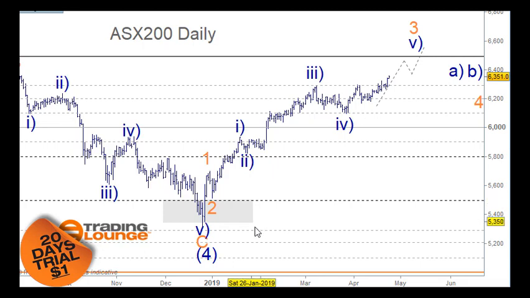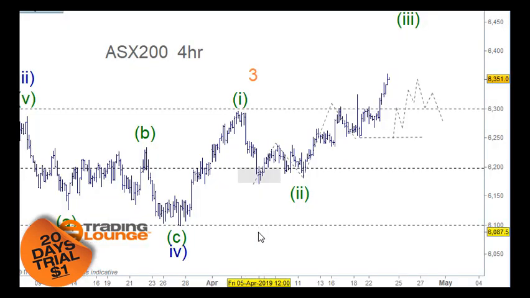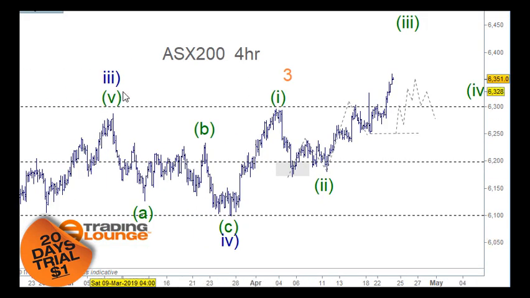So on the 4-hour chart, as I mentioned, we were looking at this being wave 3 here, wave 4 here, and possibly wave 5 to make this wave 3 top. And then we were looking at this as possibly an A wave, a B wave coming back up, and a C wave coming down, but that wasn't the case. So in this instance, we need to look at this as wave 1, so we can move this further up there.